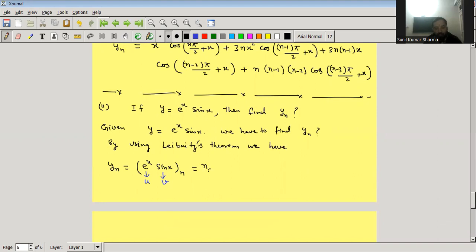So nC0 e to the power x n-th derivative into v as it is, sin x, plus nC1 e to the power x (n minus 1)-th derivative. And what is the derivative of sin x? The derivative of sin x is cos x.